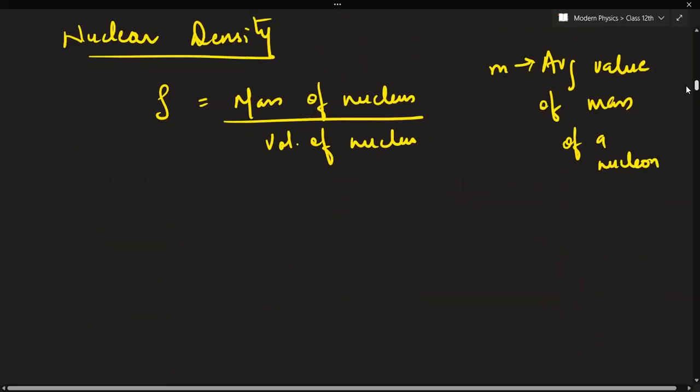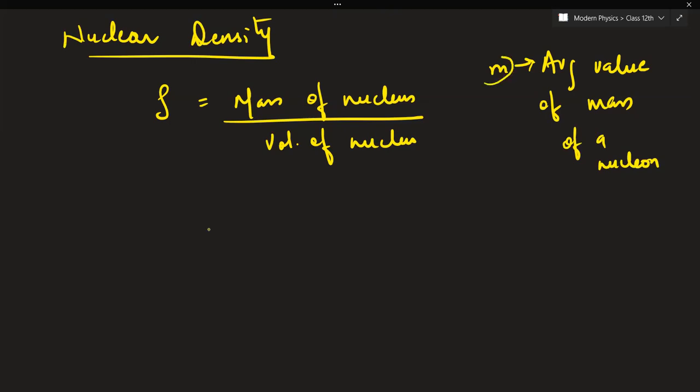And then coming to nuclear density. Nuclear density is mass of nucleus by volume of nucleus. This is how we write density, mass by volume. Let's assume small m is the average mass of a nucleon.